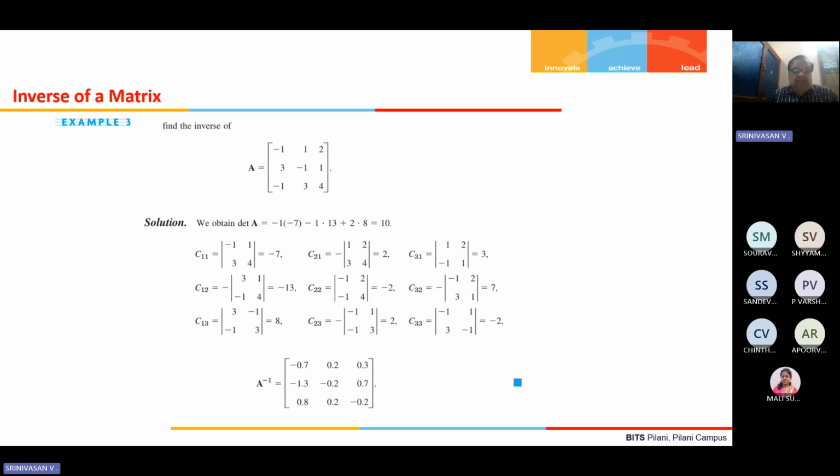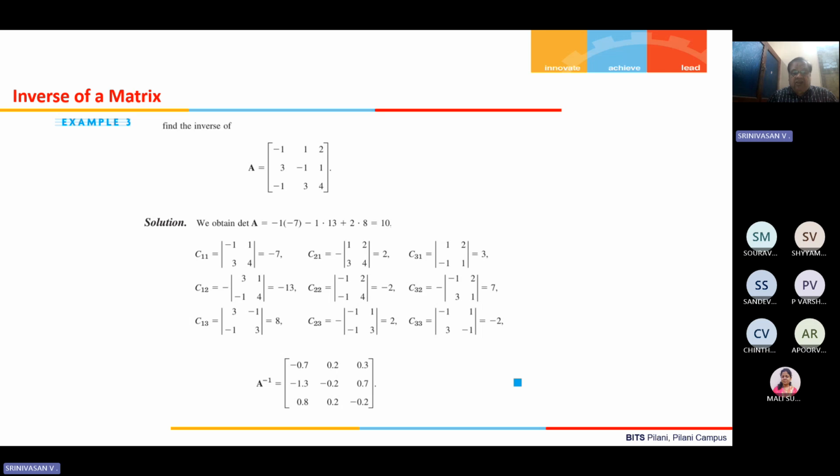So it is minus of 3, 1, -1, 4. You get -13. Then C13, first row, third column. It is plus of its minor 3, -1, -1, 3, which is 8. Similarly C21, C22, C23, C31, C32, C33.